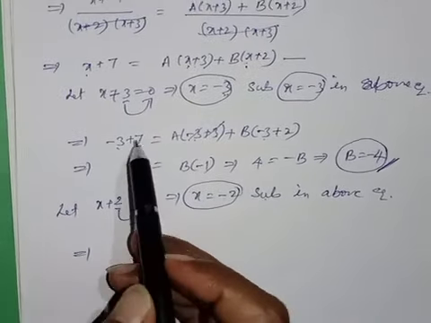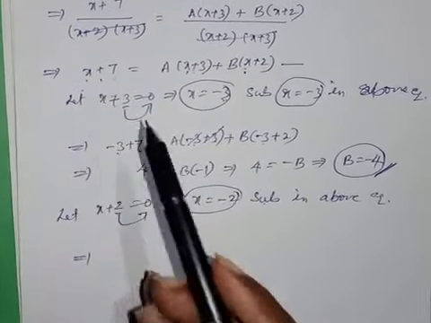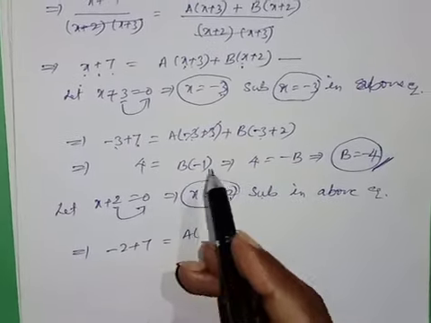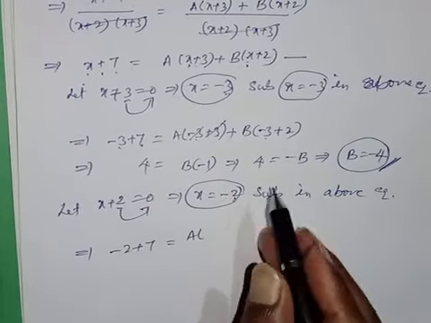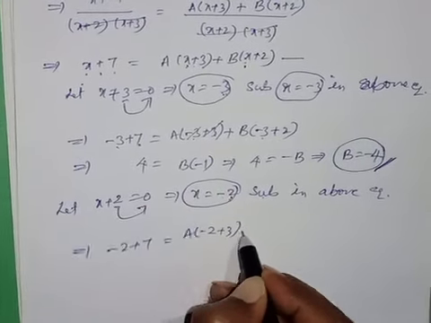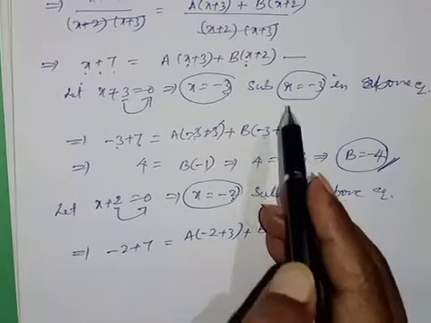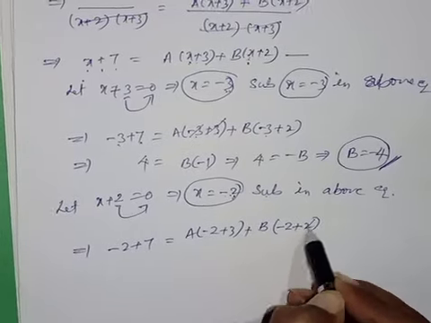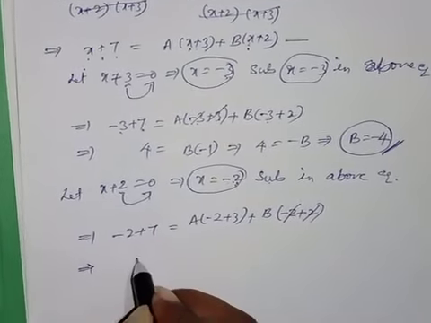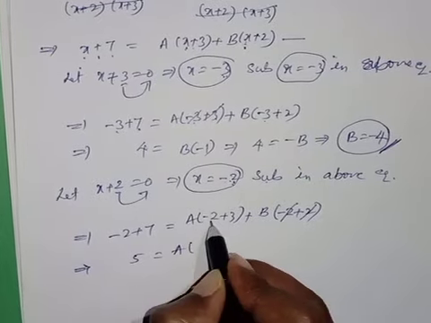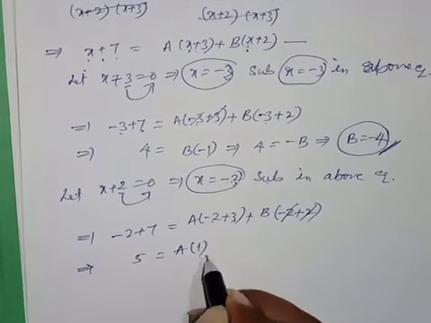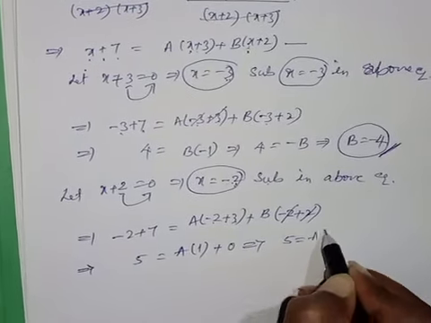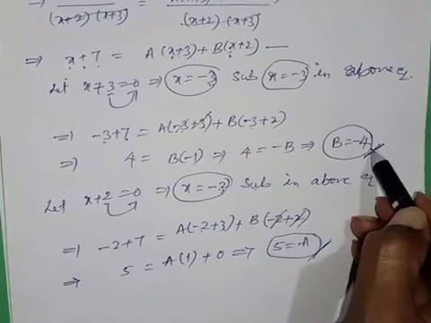The above equation is x + 7, but x is equal to negative 2: negative 2 plus 7, which is equal to A into (x + 3), negative 2 plus 3, plus B into (x + 2), negative 2 plus positive 2, which gets cancelled. So 5 is equal to A into minus 2 plus 3, this is 1, plus this is 0, which is 5 is equal to A. So A is equal to 5, B is equal to minus 4.